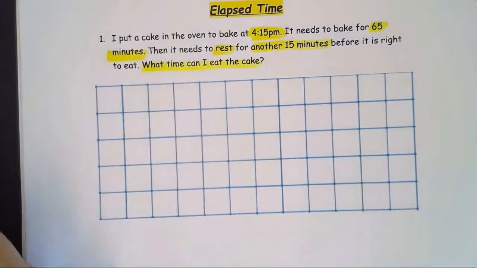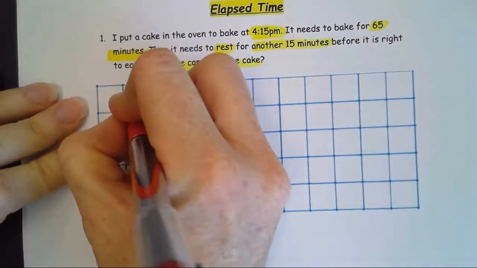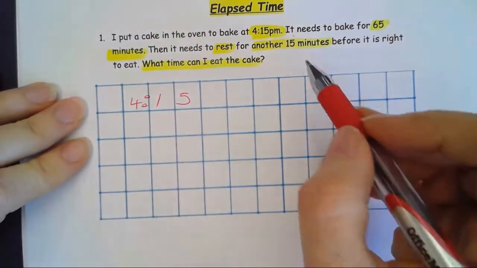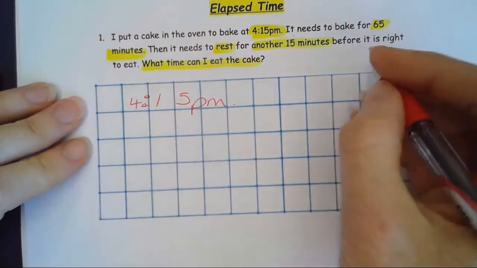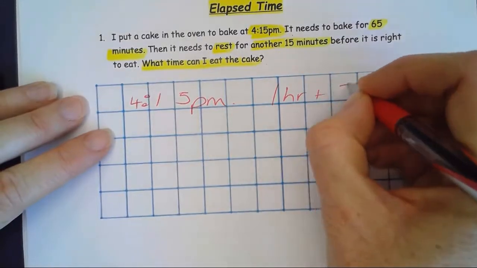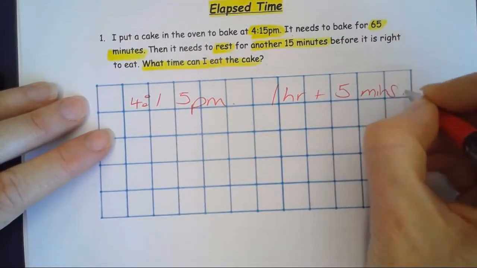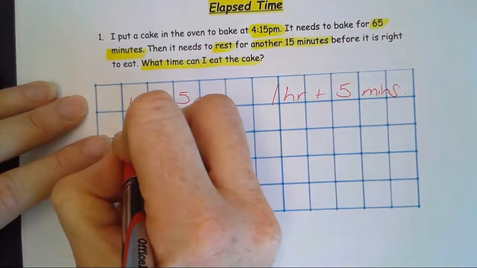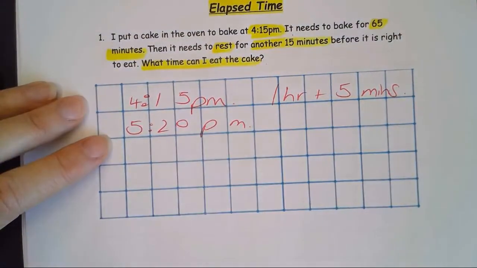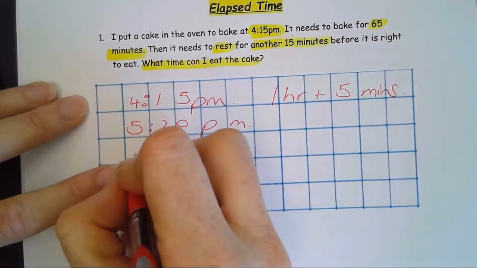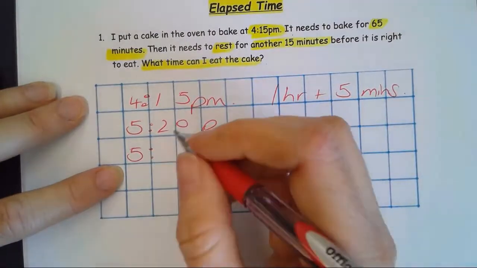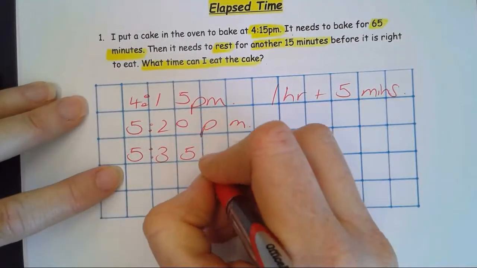Okay, so we've got 4:15 p.m. 65 minutes, so that's an hour and 5 minutes. So that's going to take me to 5:20 p.m. And then another 15 minutes is 5:35 p.m. Cool.